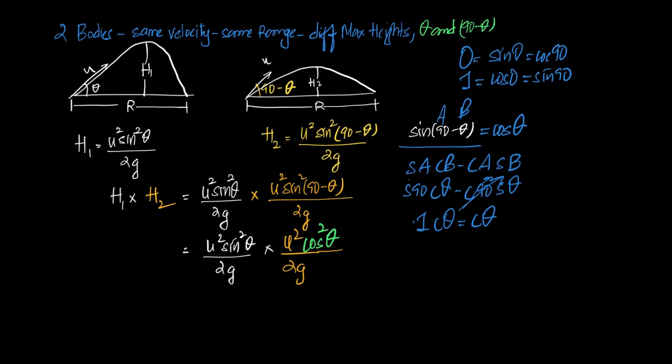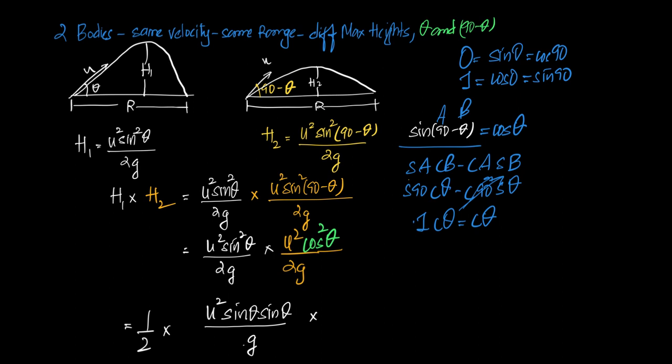Having said so, what I'll do is I'll make another rearrangement here. So I'll write it like this: u square sine square theta, I'll write it as sine theta into sine theta the whole upon 2g, into u square into cos square theta.